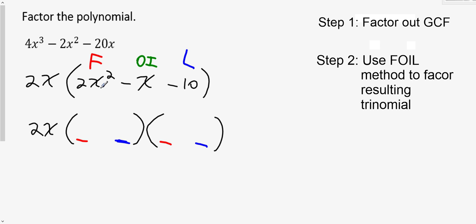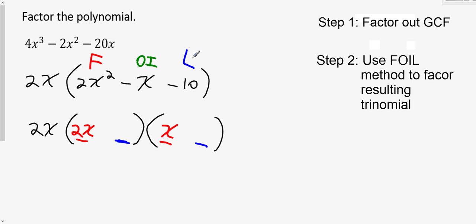So in order to get 2x squared, multiplying first times first, I'd have to multiply 2x and 1x, or x, because 2 is a prime number. Now, that fixes the first times first. These would have to be the two terms if I expect them to multiply to give me 2x squared.